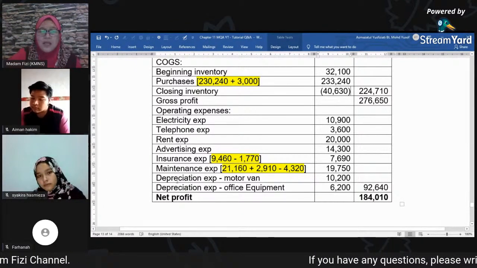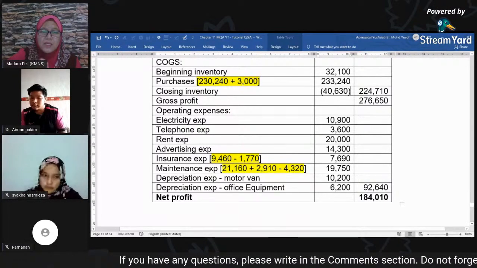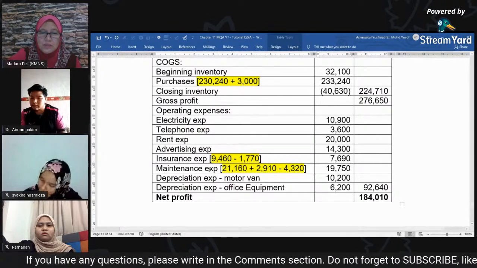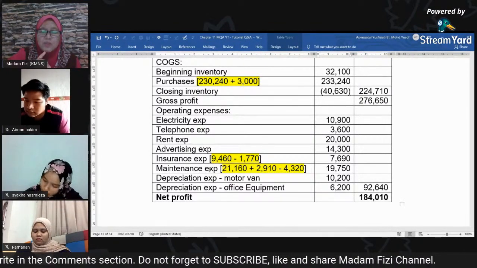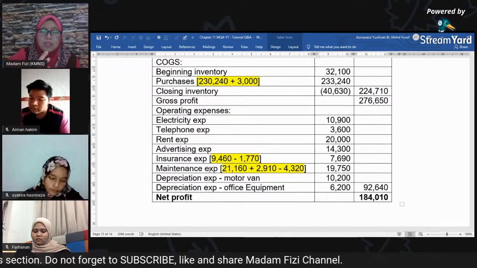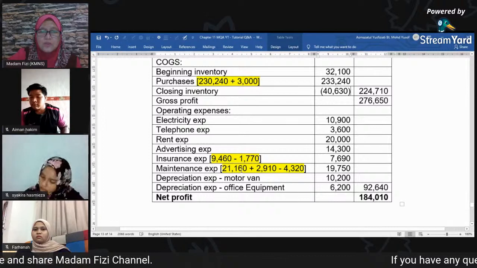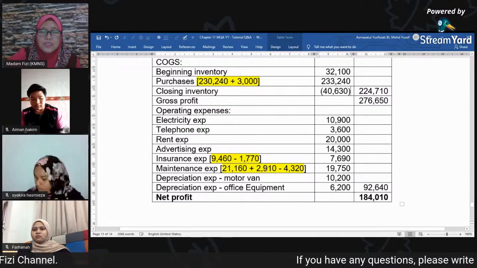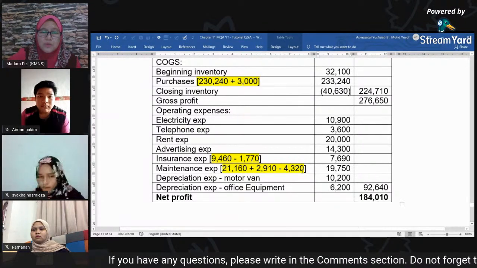7,690. And maintenance expenses, it has 3 items, so it is advisable for you to make the T accounts. Okay, if you don't want to make the T account, you can show the calculation here. That is 21,160 plus 2,910 minus 4,320.